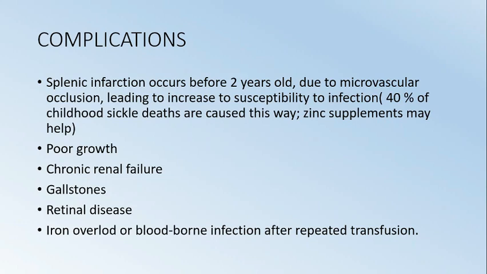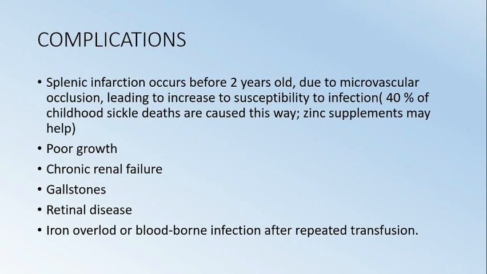Transfusions, although they help in aplastic crisis, after repeated episodes might lead to iron overload or blood-borne infection, and that's pretty serious. So we need to actually do more tests on the blood you get, and also, if possible, limit the transfusions if there are other possibilities instead of always doing transfusion, and this will help limit that.